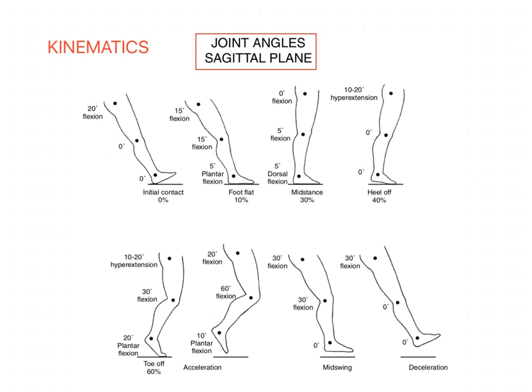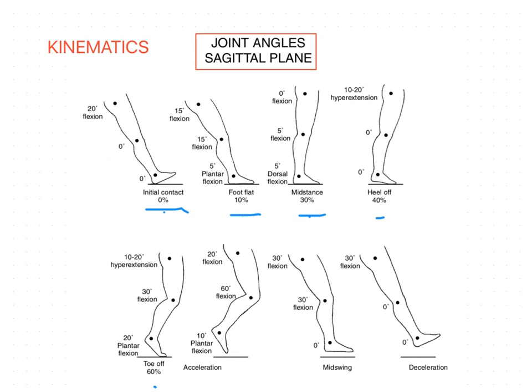They have given the range of motion at each phase of the gait, and these are the joint angles they have given at the end phase of each event. Now we are going to see the joint angles required for initial contact, foot flat, mid stance, heel off, toe off, and also in acceleration, mid swing and deceleration.